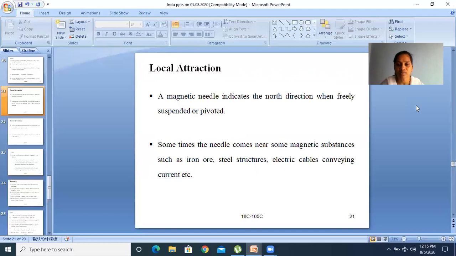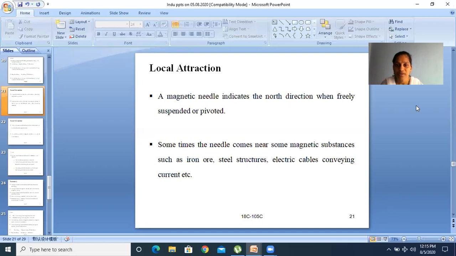Sometimes the needle comes near some magnetic substances such as iron ore, steel structures, electric cables conveying currents, etc.